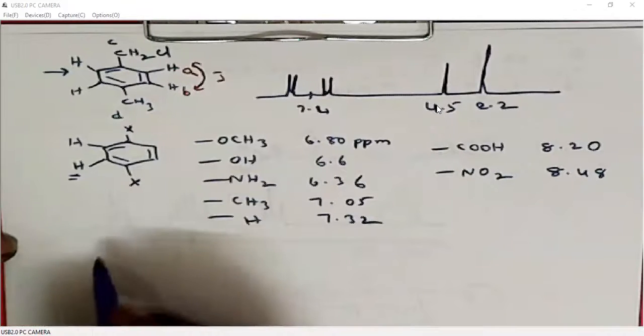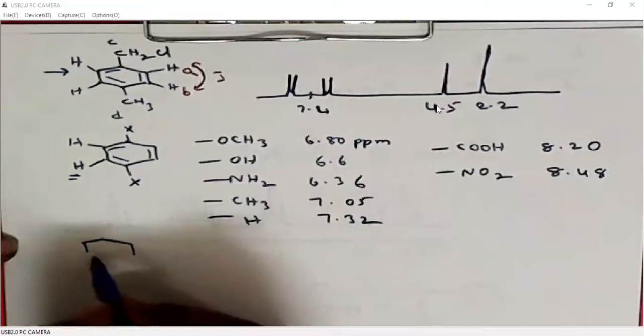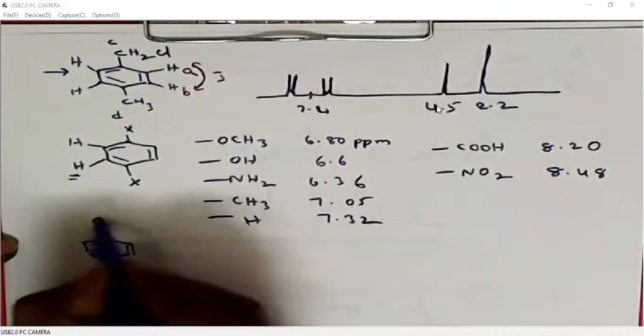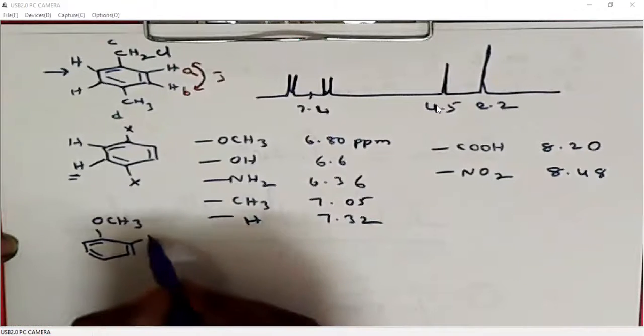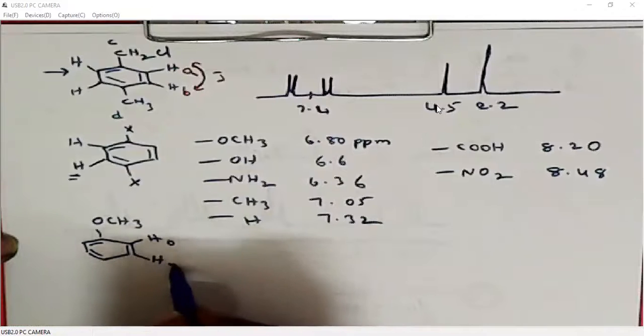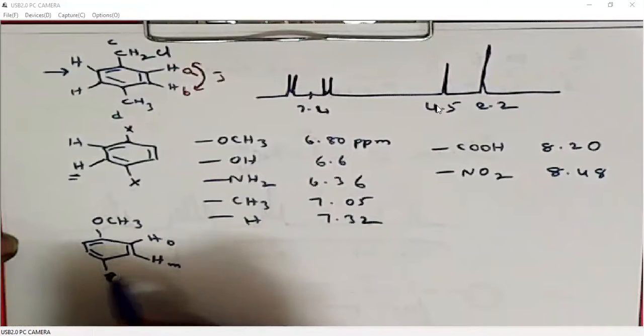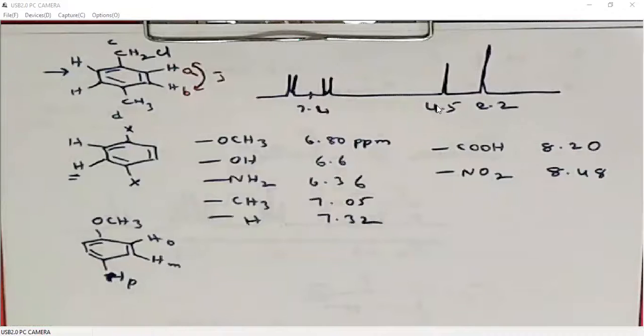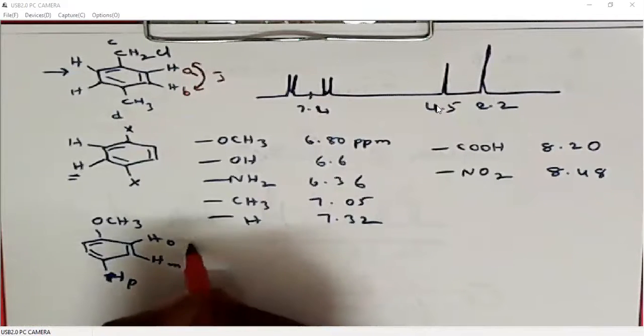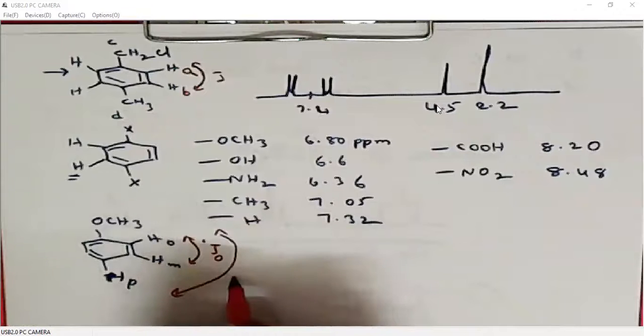For example, we will look at anisole. Please take the notes: ortho, meta, and para. Because anisole has an electron releasing group, the aromatic protons will appear at a low delta value. And another important point to note is we can have ortho coupling, and at the same time we can have meta coupling.